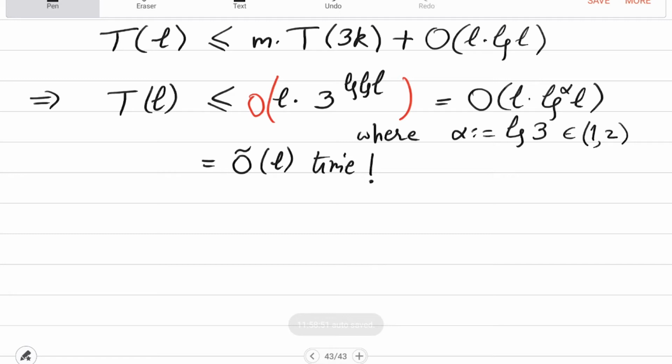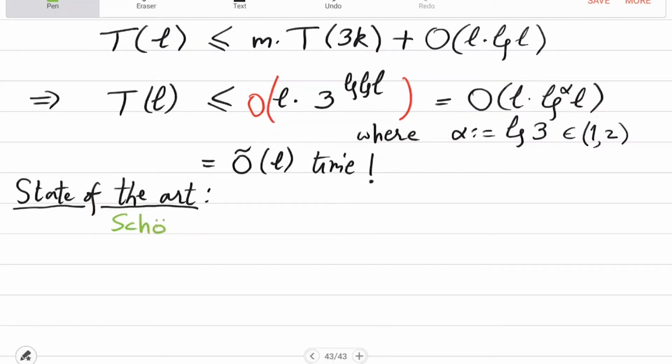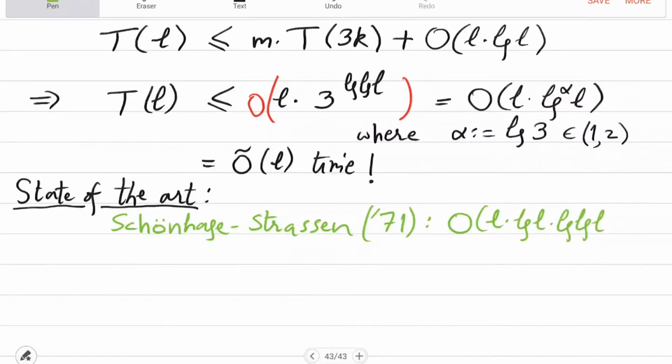In fact, in this class or the next class we'll improve this to the Schönhage-Strassen result. The Schönhage-Strassen result from '71 is L log L log log L time for fast integer multiplication of L bits.